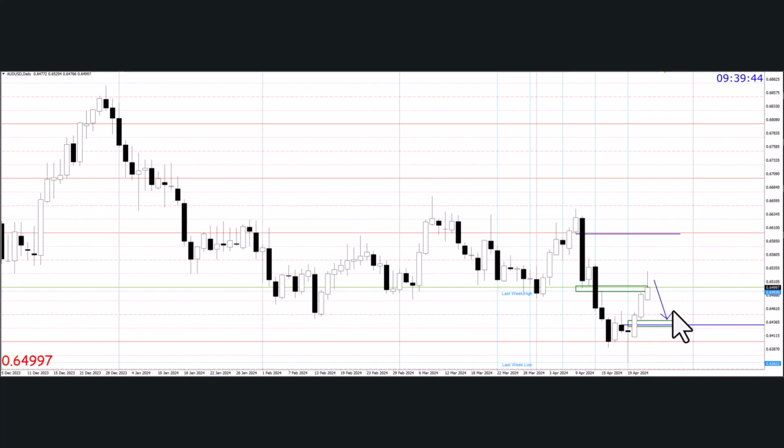Okay. And I believe that when we get down to that level, it should offer a support level. And the lesson is that we then should be headed higher to rebalance the market from when this down move occurred. That's what we're learning here, folks.